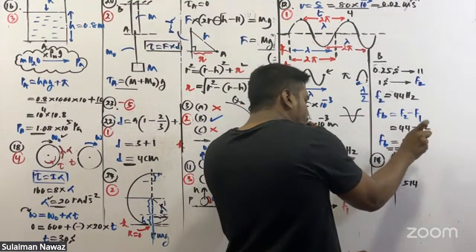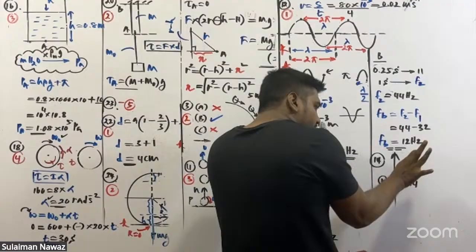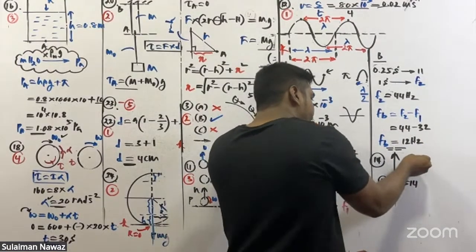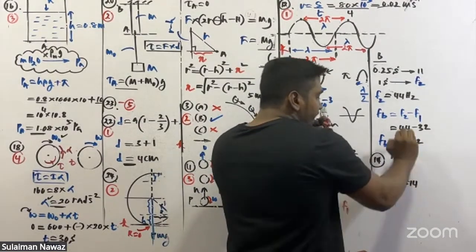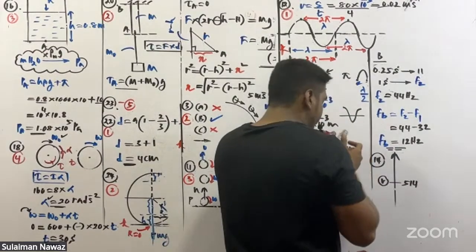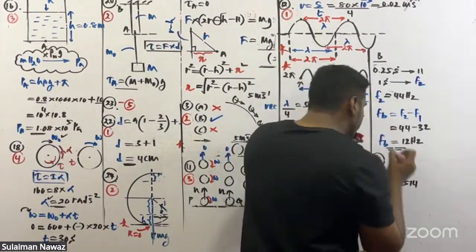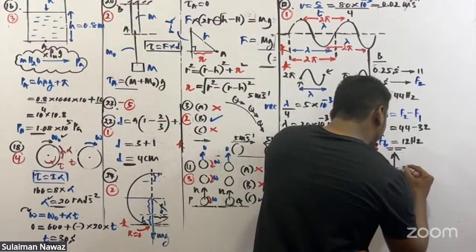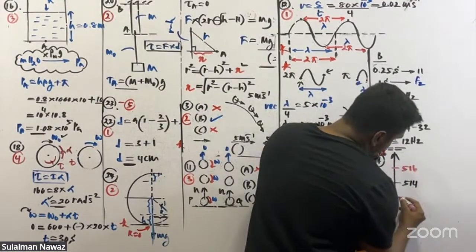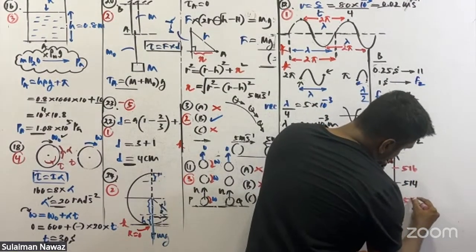The tuning fork's frequency we don't know, but they have given the beat frequency. When you vibrate with the tuning fork, the beat frequency is 2 hertz. Then you can predict that maybe the frequency of the tuning fork can be 516 hertz. If not, it can be 512 hertz.